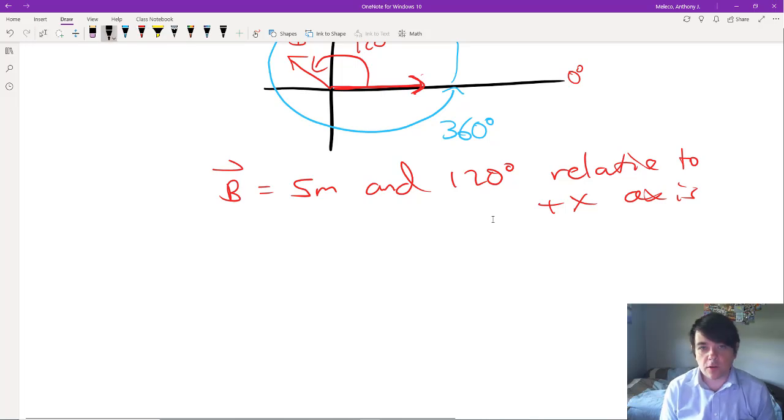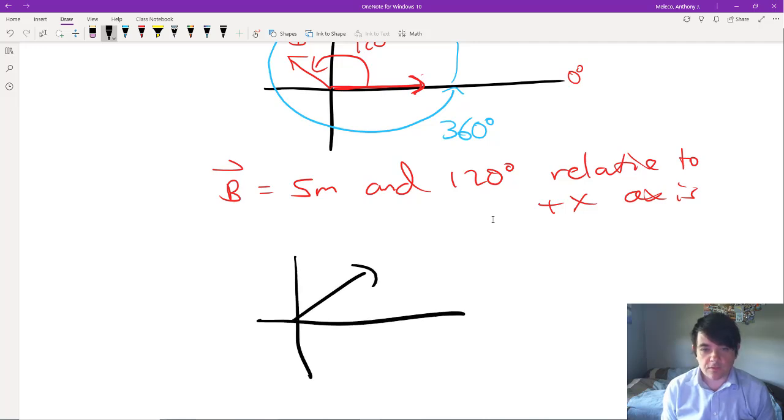You can also, instead of this, if you have a vector like this, say that you're marching out this many x's and going up this many y's.